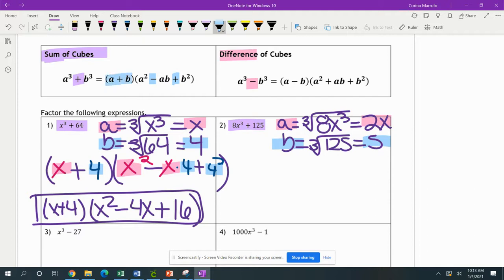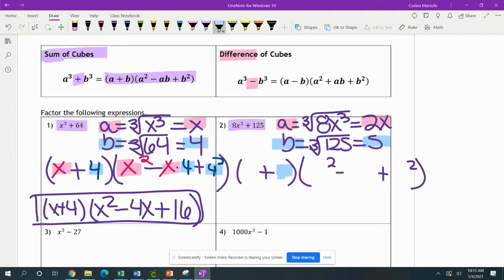I'm going to go ahead and copy down this formula. So it's going to be parentheses, we have a plus b. And we do parentheses again. It's going to be a squared minus a times b plus b squared.